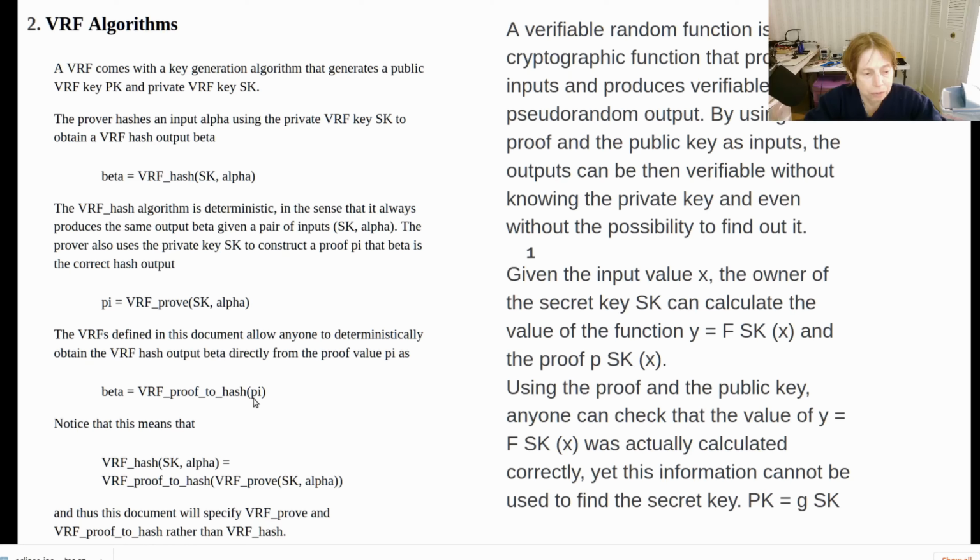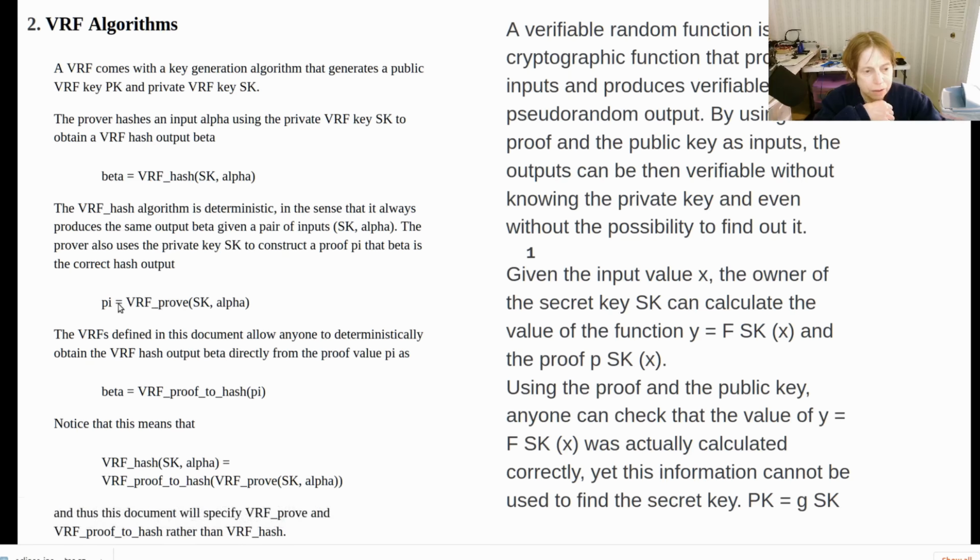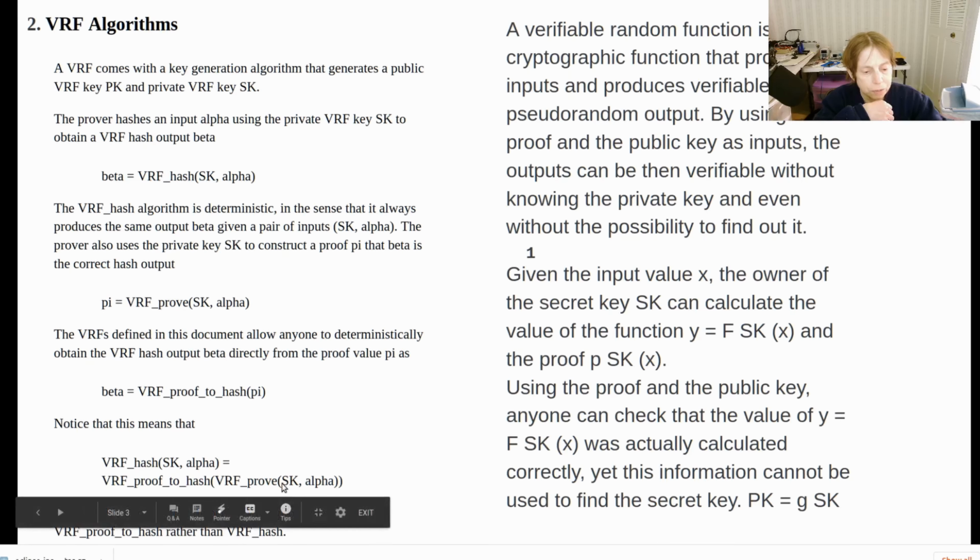You take that proof and that returns beta. To prove everything, the original beta should equal the value you get when you put pi, the result of the proof, into this function. If they're the same, we know it's good.